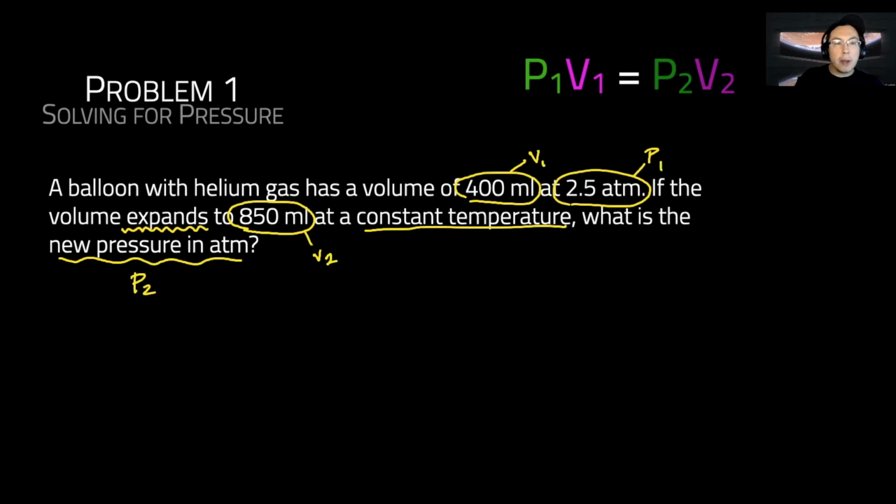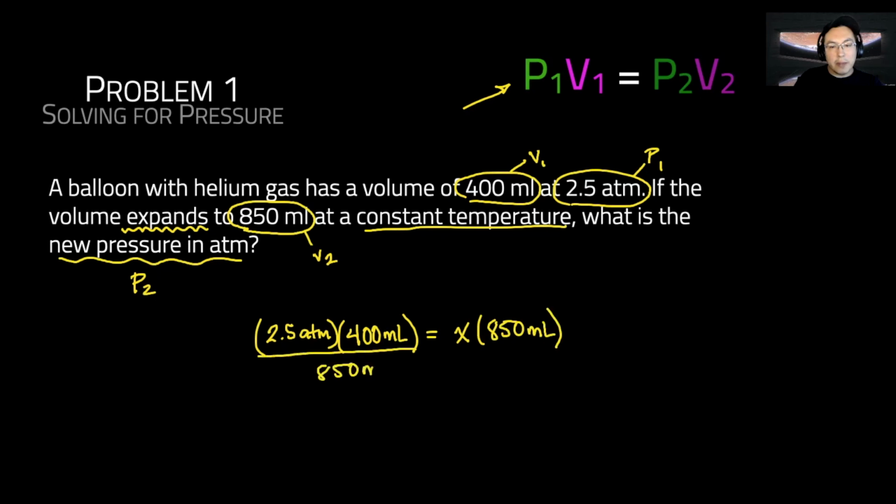Now let's substitute this into our original formula, which we have up here. P1 is 2.5 atmospheres, multiplied by our volume 1, which is 400 milliliters, equals the pressure 2, which we don't know, which is X, times volume 2, which is 850 milliliters. We can solve for X by sending this over here, and this is going to be our formula for getting our new pressure, or P2.